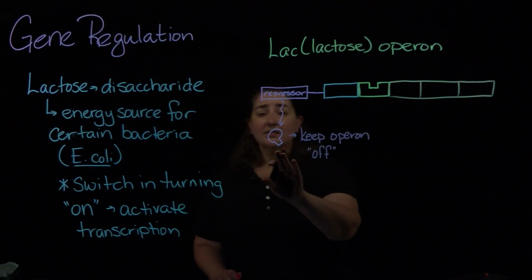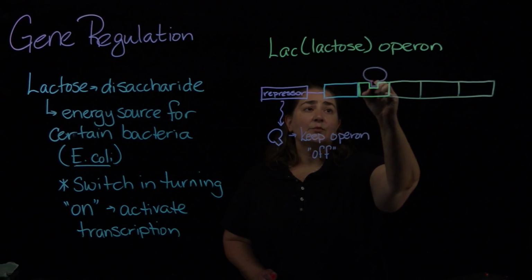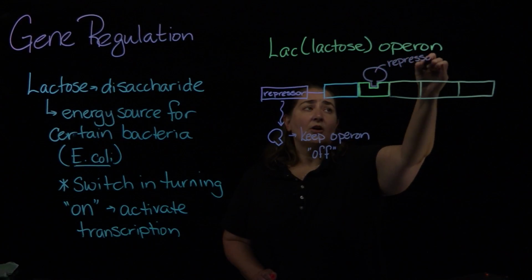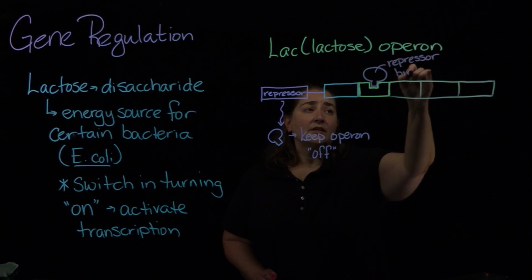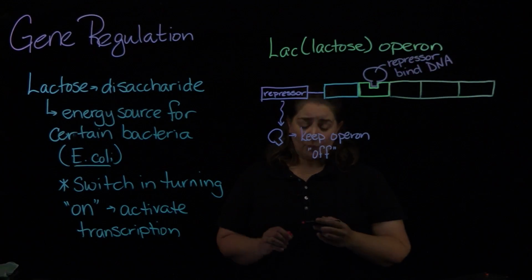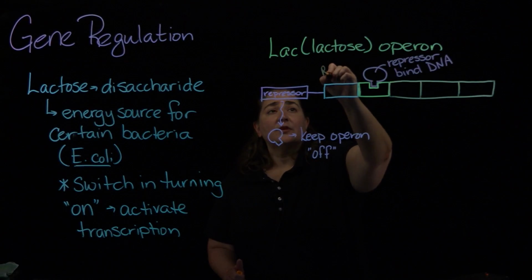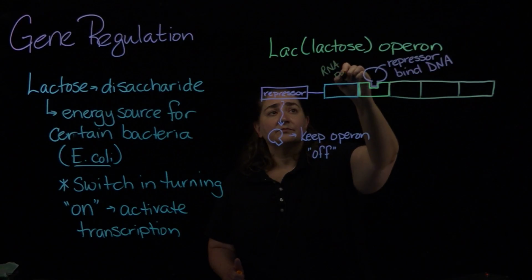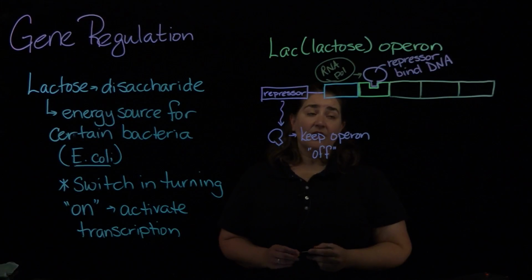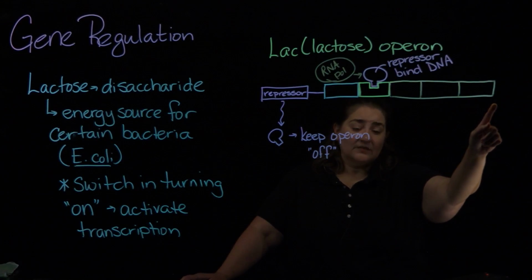Because our repressor is a DNA binding protein, it's going to bind to DNA. And if RNA polymerase comes along, it's going to block RNA polymerase from reading the DNA sequence, okay?